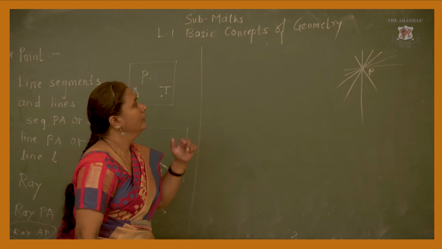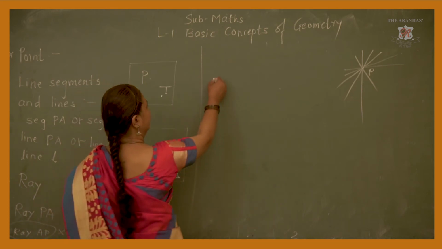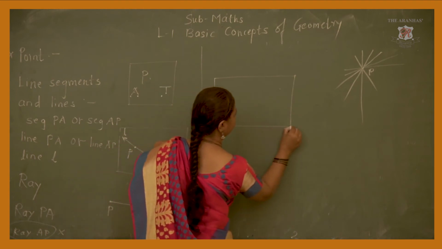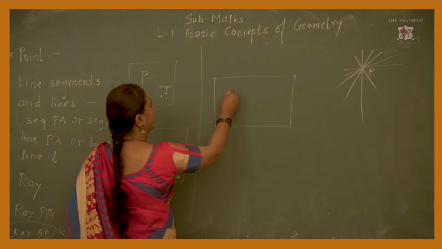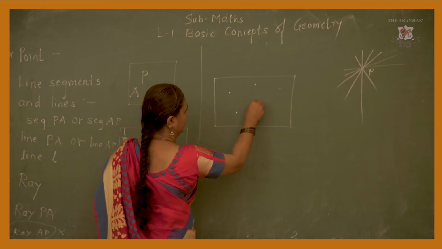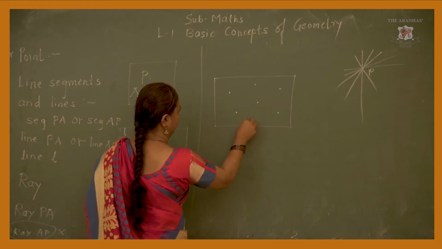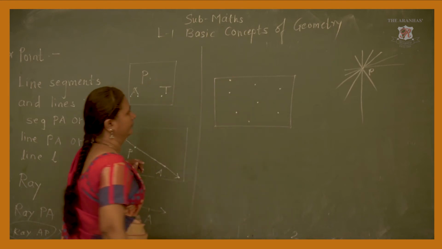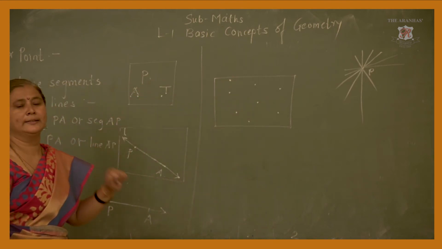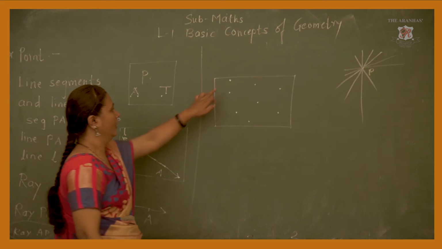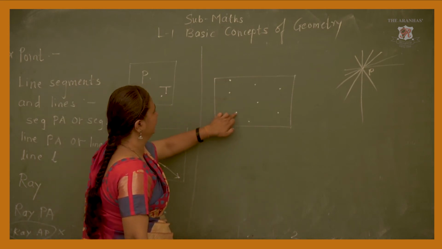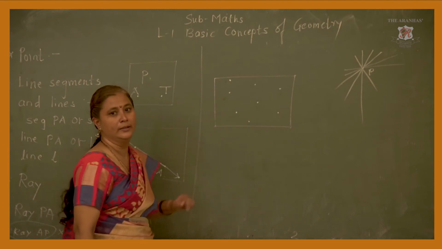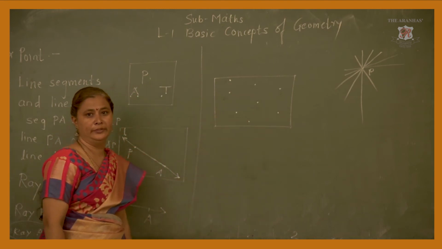Now, observe the figure here. Here I am drawing the points. How many points are there in the figure? 1, 2, 3, 4, 5, 6, 7, 8. 8 points are there in the figure.